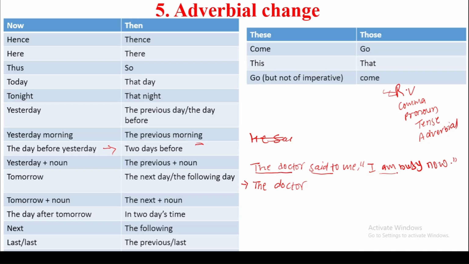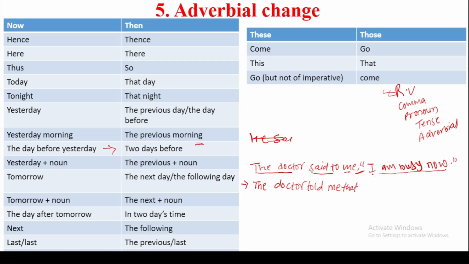The quoted clause is an assertive sentence, so said to is changed into told. Then me is the object, so we don't need to change me here. In the reporting clause we change only the reporting verb. Now we have to change this comma. The sentence is assertive, so we can write that.